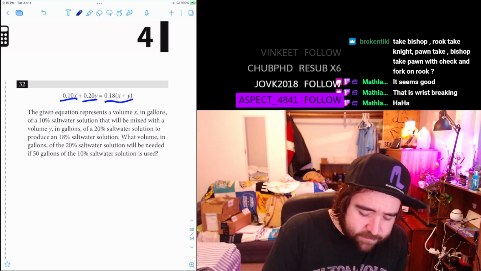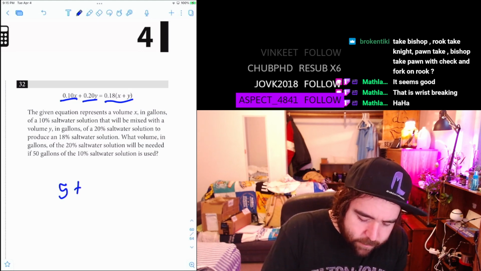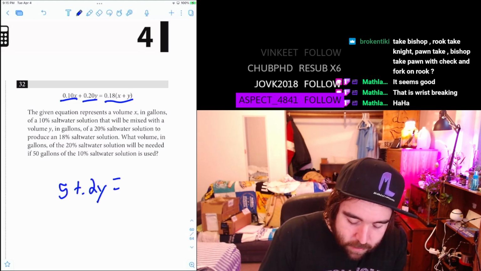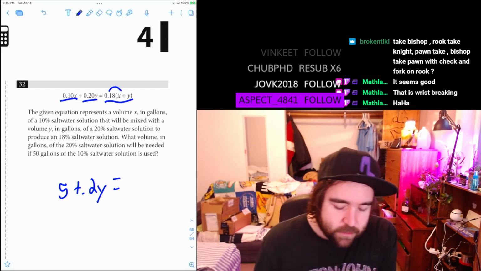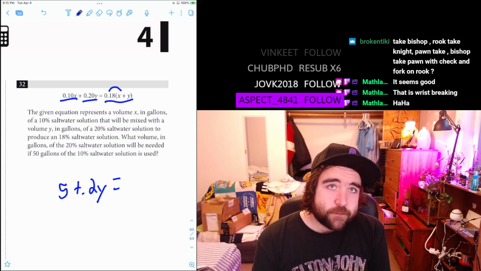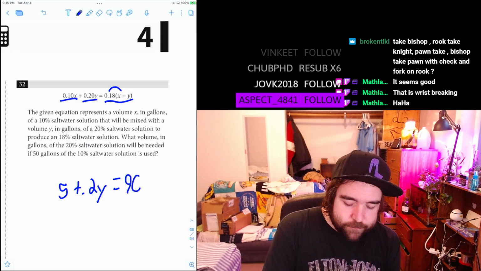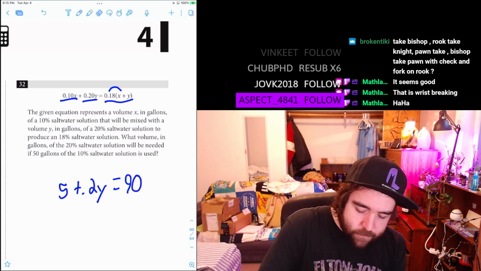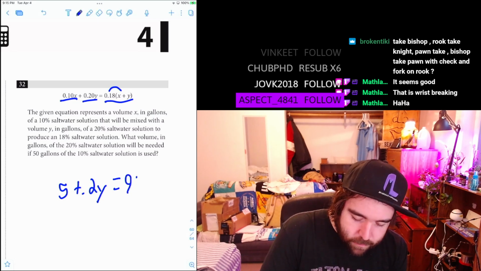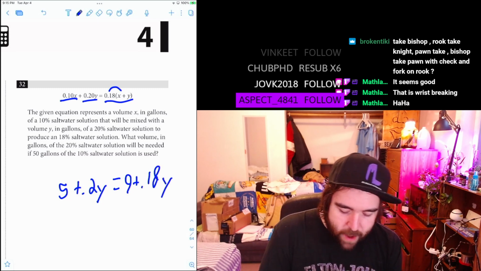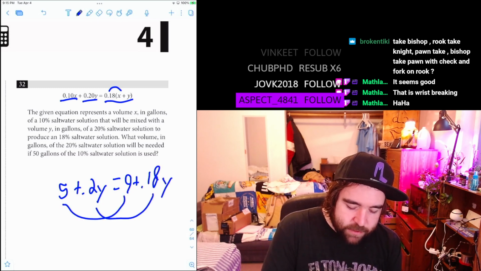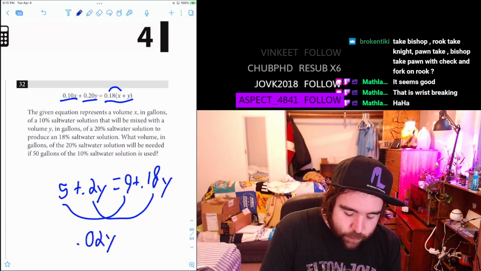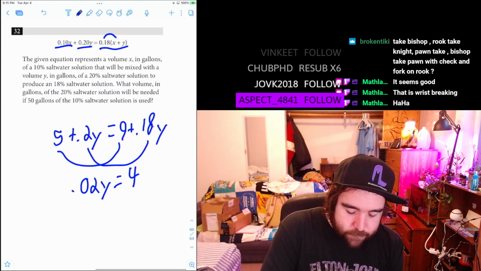So 0.1 times 50 is 5, plus 0.2 times Y equals, and we'll distribute. So what's 0.18 times 50? Is 90. Or 9. Plus 0.18 Y. So now we subtract: 0.02 Y is 4.